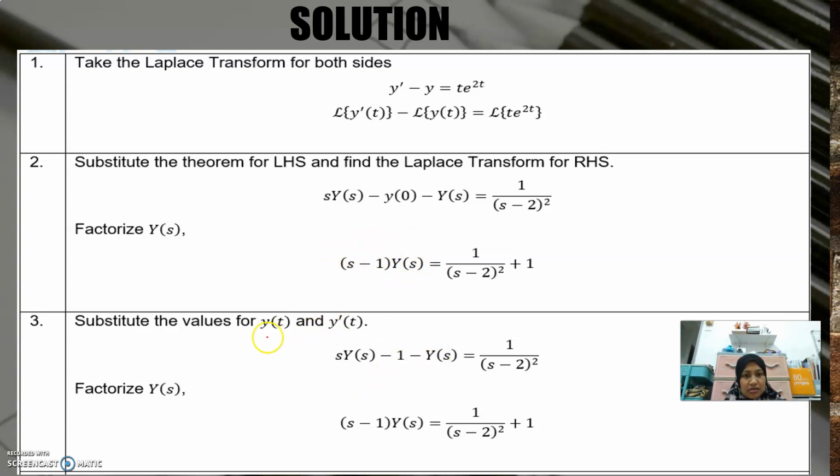This step repeats step 3, substitute the values for y(t) and y prime t. Sort of like step 2, it repeats step 2 here, and then if you can see, you need to factorize back the Y(s).